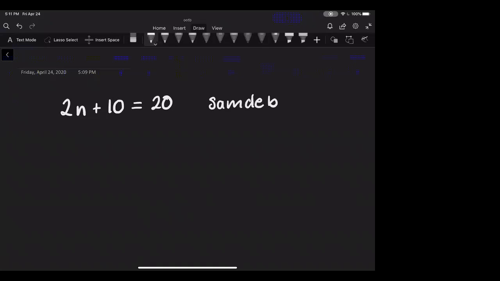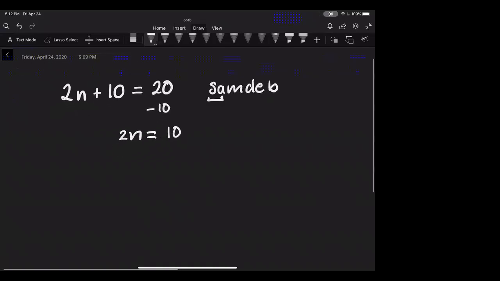So first step, is there subtraction or addition? There's addition. What's the opposite of addition? The answer is subtraction. So 20 minus negative 10 would be? 5. Good job, Arush.